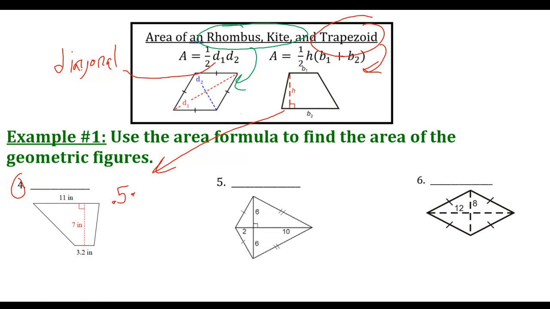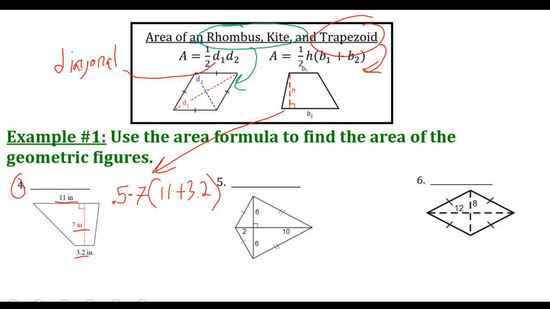Times the height, looks like the height is 7, times the quantity, base 1 plus base 2. Well, this is a base and this is a base. Does it matter which one's which base? Not really. Just make sure you add the 2 together there. So I'll just say 11 plus 3.2.